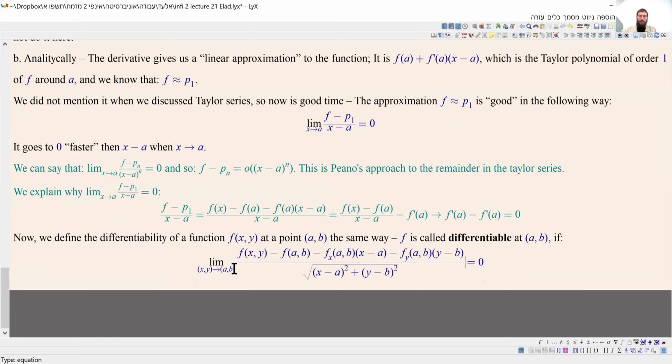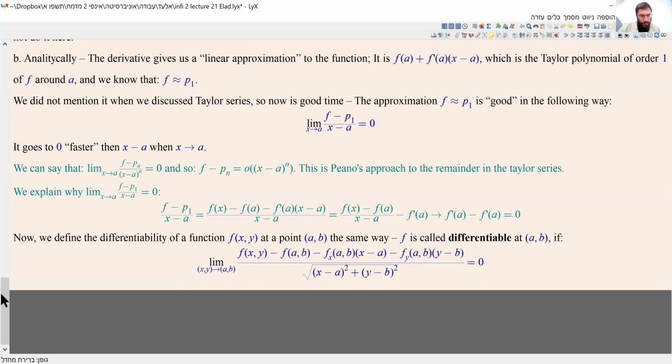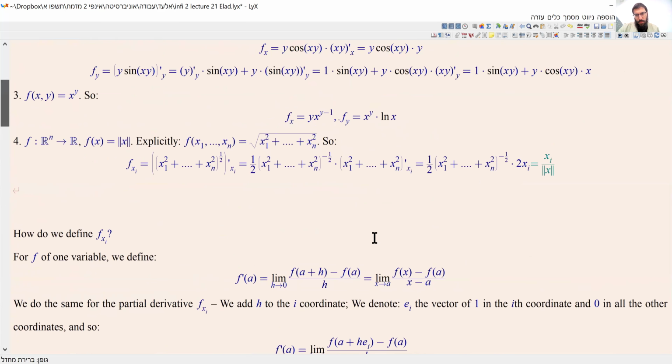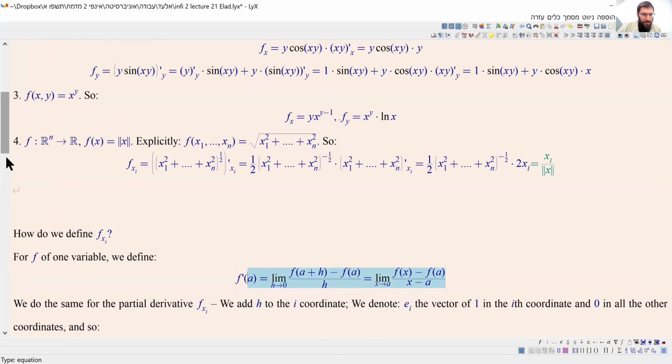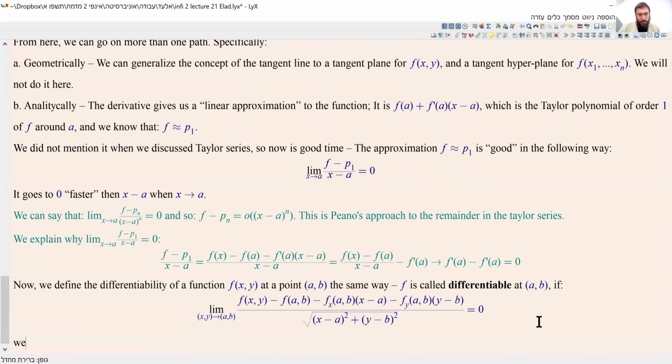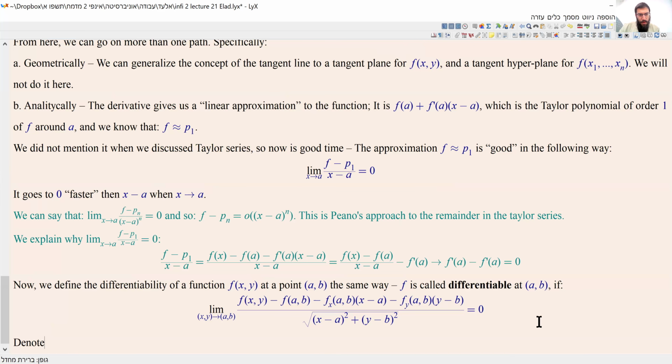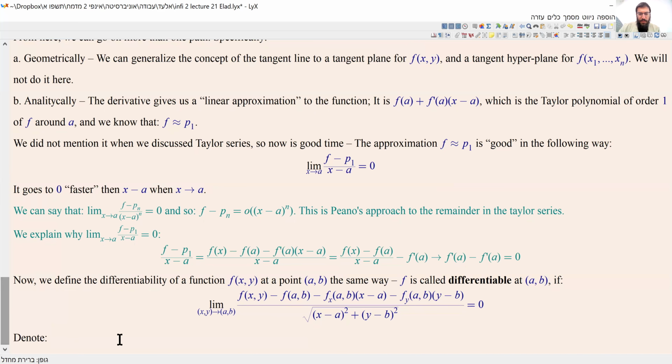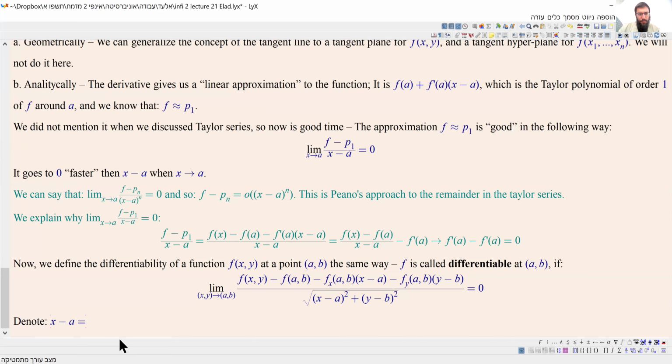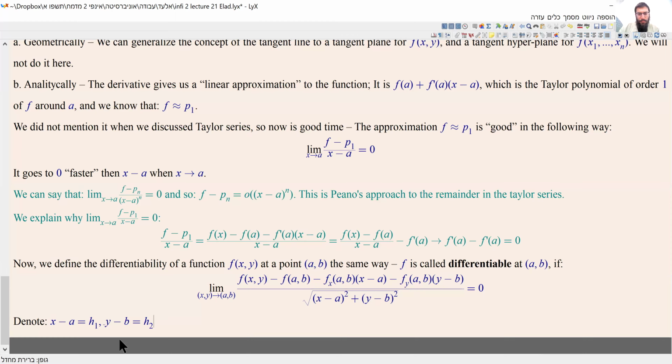If this abomination is 0, then the function is differentiable, and if it is not, then it is not. That's the very definition. Now we can write as we did earlier, talking about the derivative of a one variable function. We can denote x minus a to be some h1 and y minus b to be some h2.